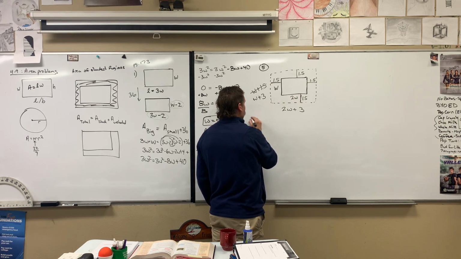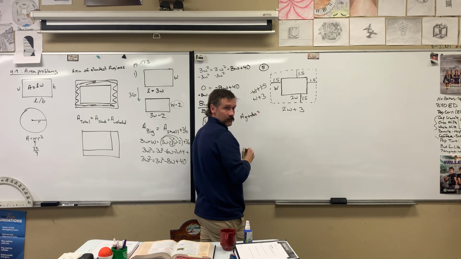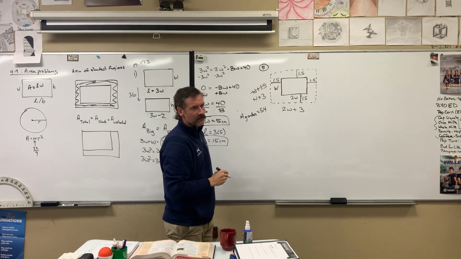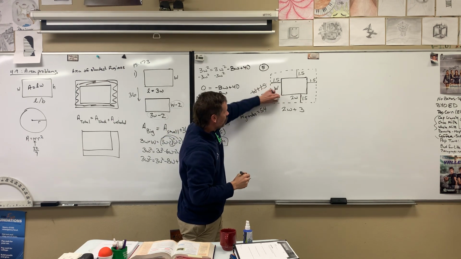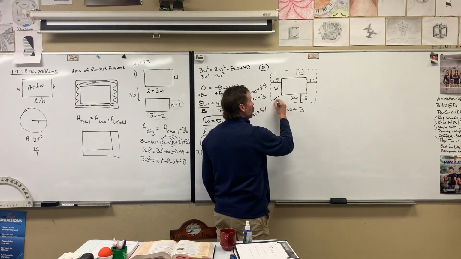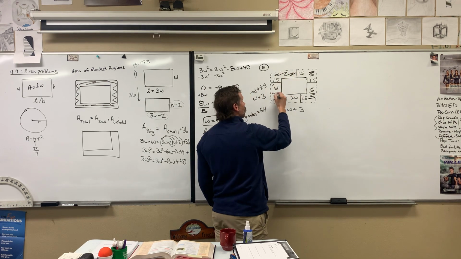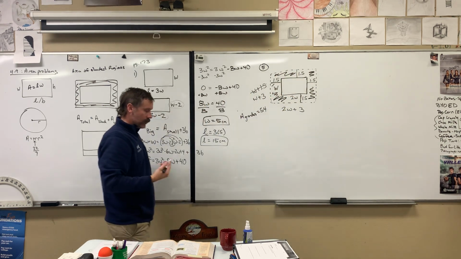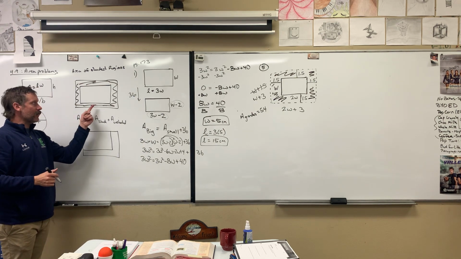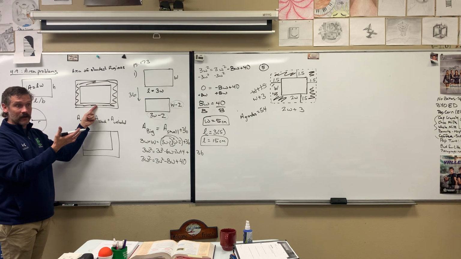What they tell us is the area of the garden. What's the area of the garden? 54. Okay. So what that means is the strip all the way on the outside is 54. So just for the visual sake, we're going to shade that. Now we're going to backtrack over what I said earlier. If you want to find the area of a shaded region, isn't that lining up with what we're creating here?